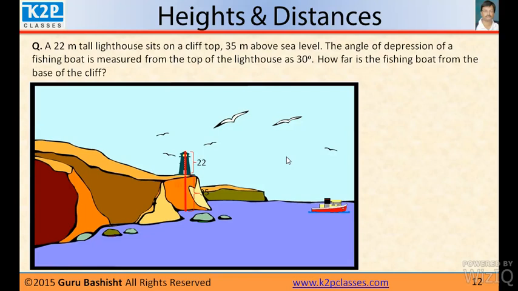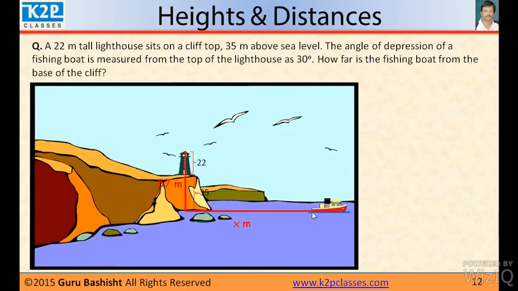So the total height from sea level to the top of the lighthouse is 35 plus 22, that is 57. We have to find the distance between the boat and the point vertically below the lighthouse.